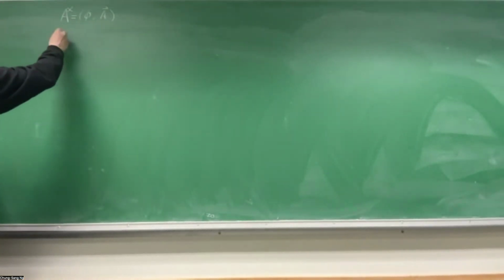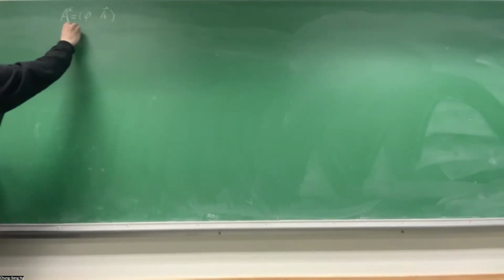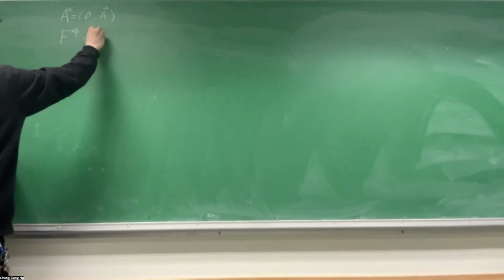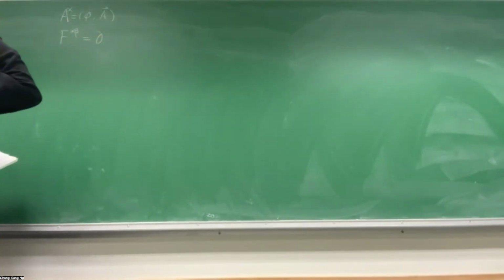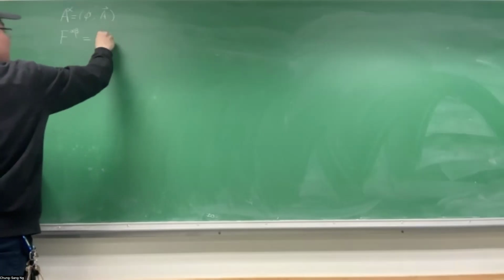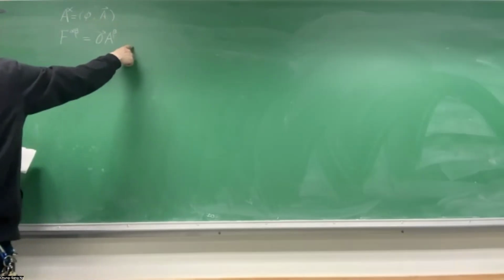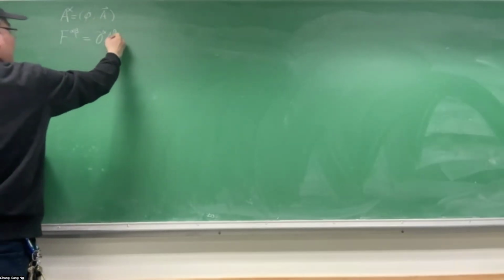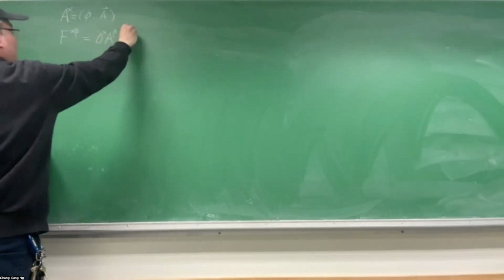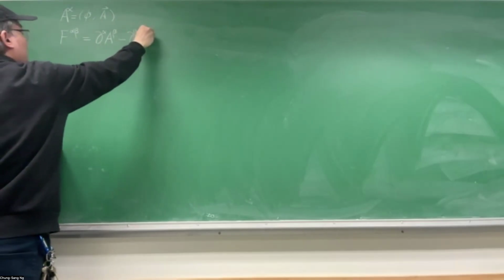And so this is a covariant vector, and the covariant field tensor is defined by just the derivative, the gradient of this potential four vector, but defined in the anti-symmetric way. So this operation and then reverse the order.